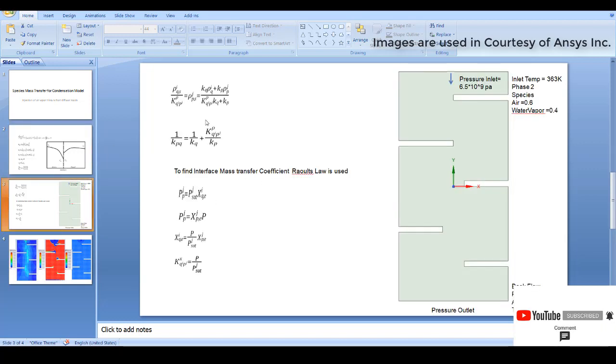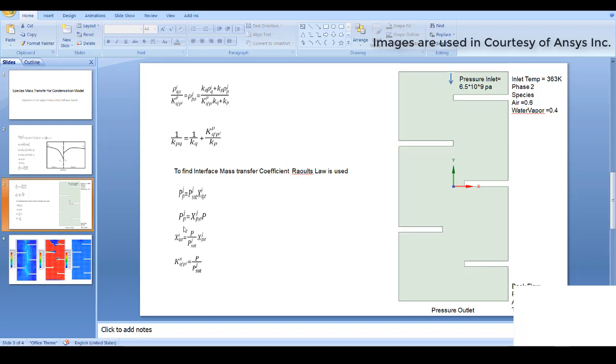Now this equilibrium ratio is addressed using Raoult's law. Raoult's law states that the partial pressure exerted by each of the gases present in the fluid is equal to the saturation pressure times the mole fraction, which is converted from liquid to vapor.